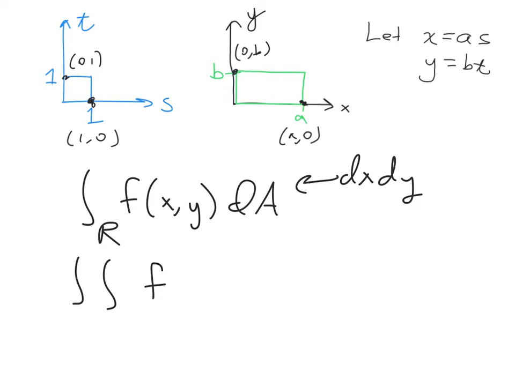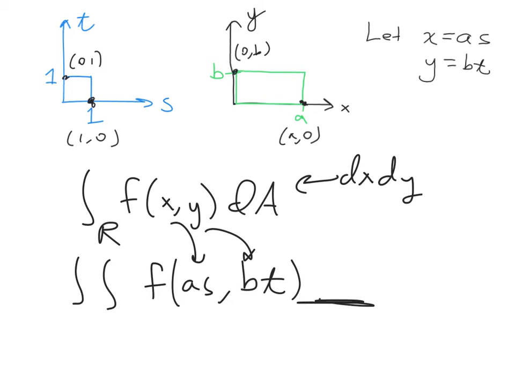So our function needs to be f of As, Bt, to change the variables within the function. And dA is going to become some factor times ds dt. And of course the bounds are quite easy because we know that this is a unit square, if this is our region R, back in the st space.